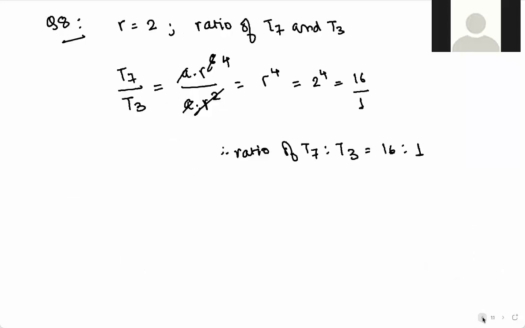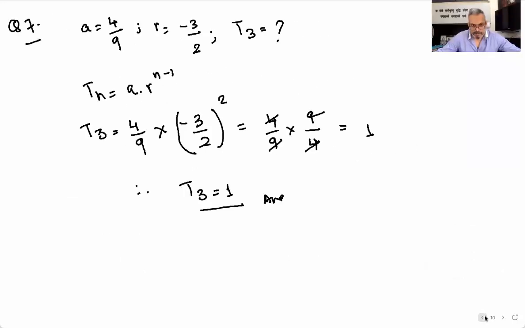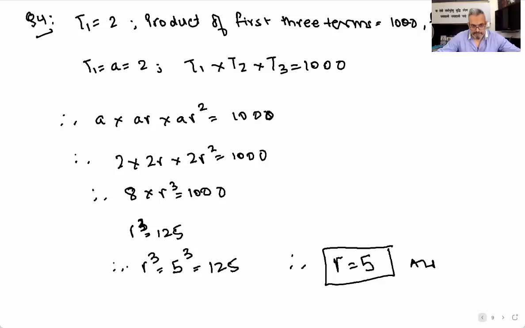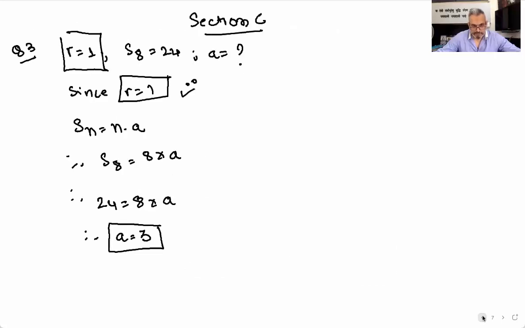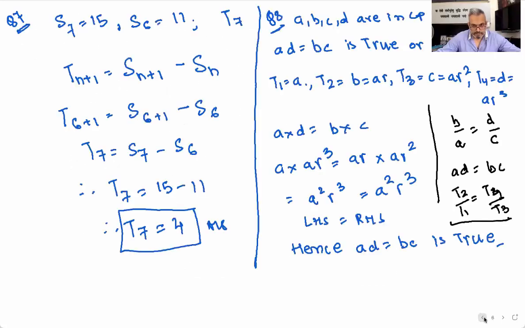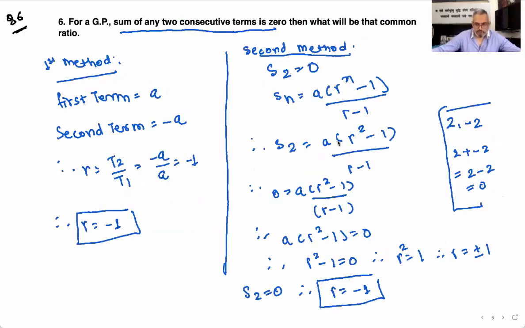Now you had a doubt about how we got the minus A. So we go to that sum. Now, in this sum, it is given that the sum of two consecutive terms is 0. So what are two consecutive terms? T1, T2, T2, T3, T3, T4, T4, T5.